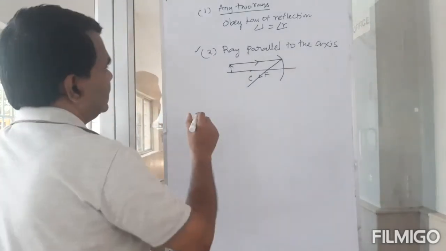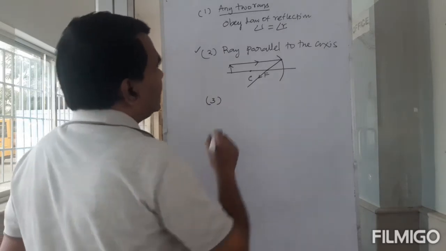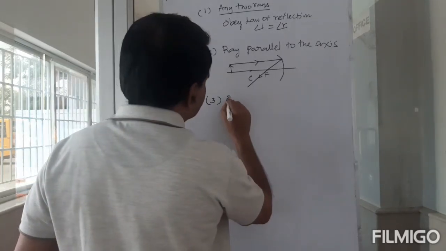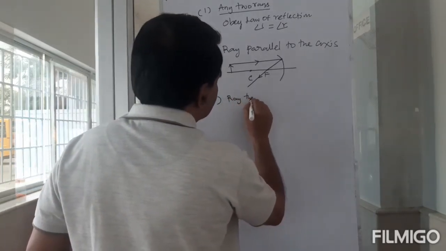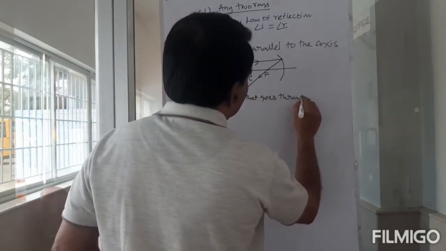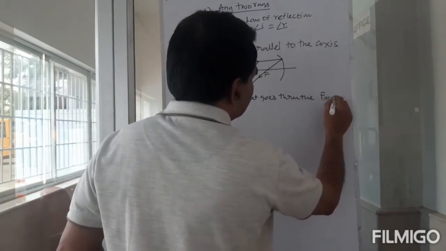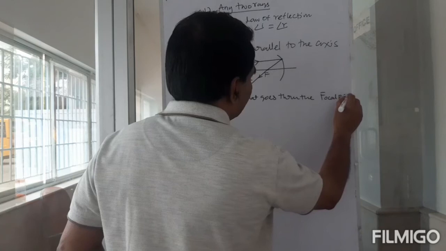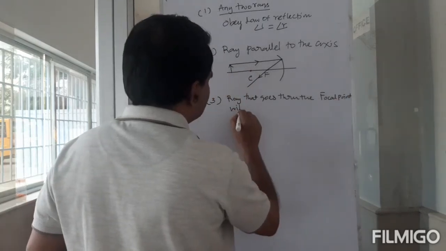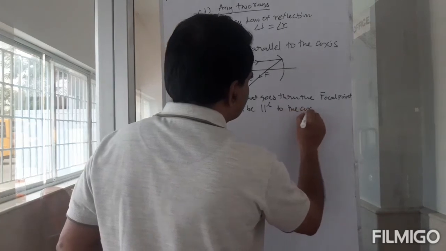Third, the ray that goes through the focal point will be parallel to the axis.